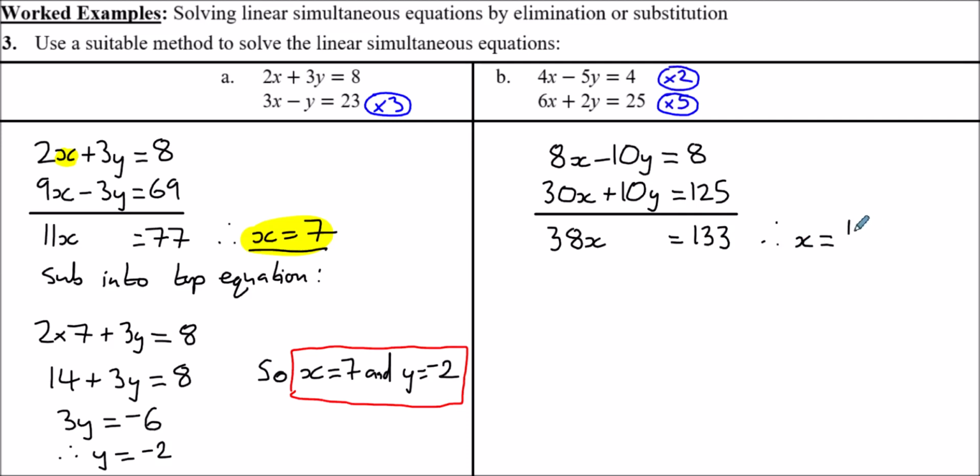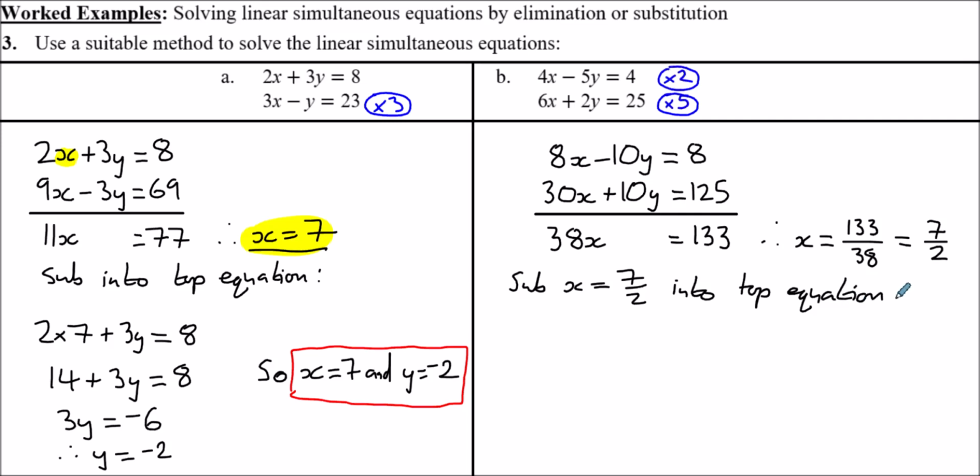Therefore, x is going to be 133 divided by 38, which your calculator will tell you is 3.5, or 7 over 2. We can then sub this, x equals 7 over 2, into either equation. We can put this, I would suggest, into the top equation, just because, in my mind, the top looks simpler.